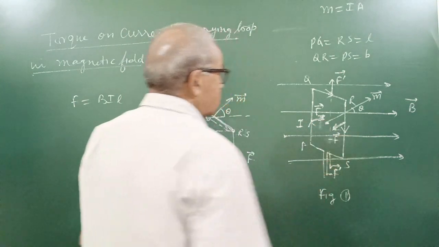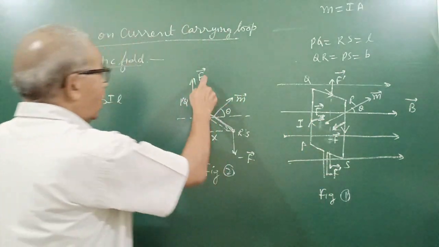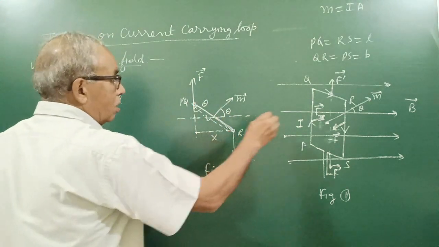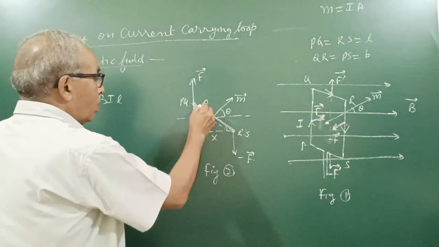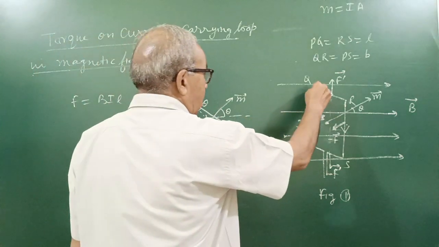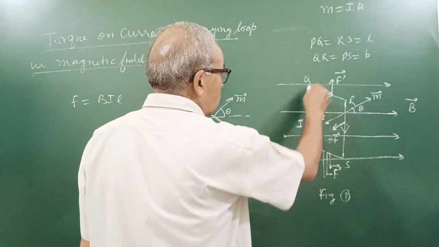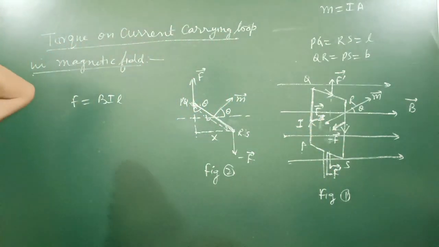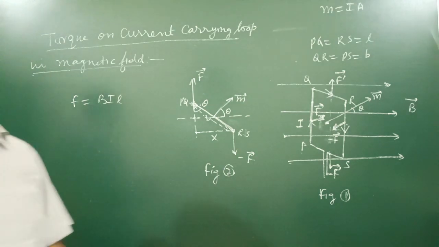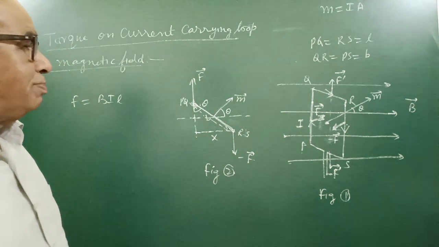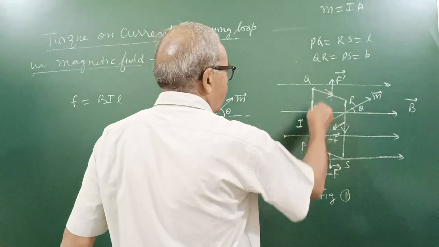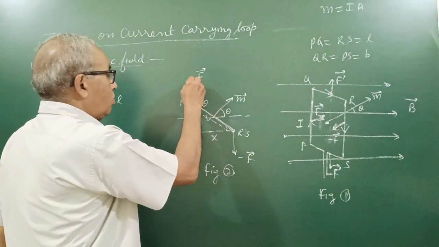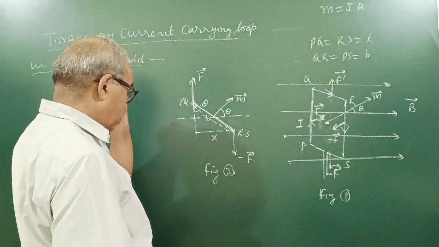These two sides, PQ and RS, have forces F and F dash, and this represents the breadth B here. This point represents the side PQ and this represents side RS. Simple to understand. Actually, we take the resultant of force F here, this way, and this is F dash, minus F dash.